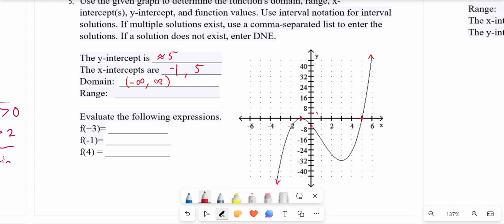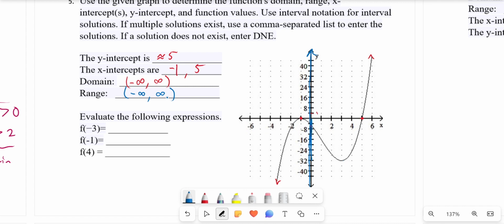And look at the range. All of these low guys hit all of these very low values, and then up to some value here, and then goes back down again, and then up again, and now it increases without bound, just keeps on going up. So actually, and this is true of all odd degree polynomials, the range is negative infinity to positive infinity as well.